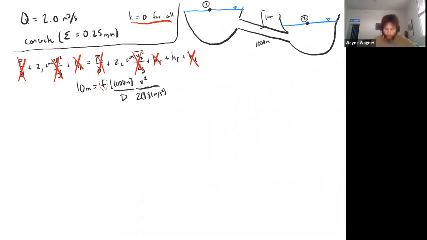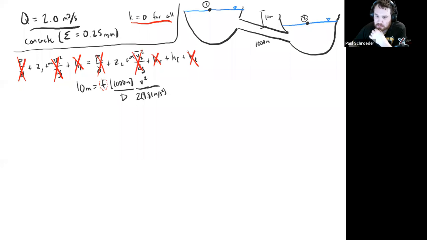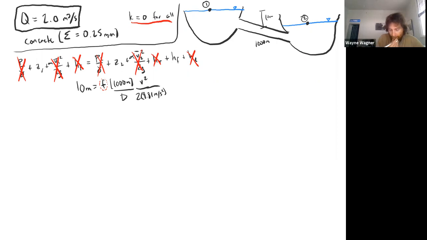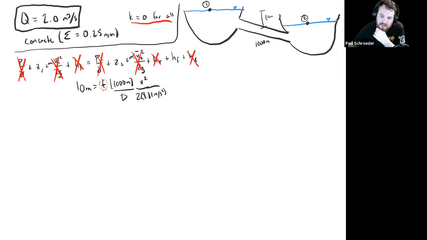How do we normally deal with when we've got a V and we've got a D? Well, that's how we get the Reynolds number, right? Which is V times D, but this is V over D. Oh, we have Q. So then that's V times A, right?